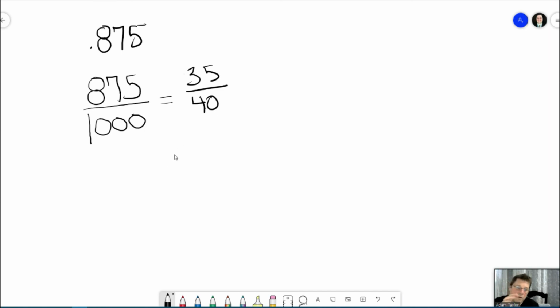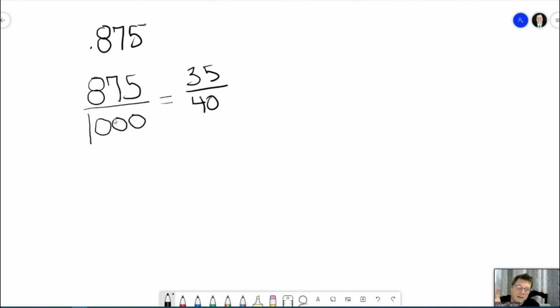So something interesting, we're kind of covering two lessons in one, because this will be repeated when we get into ratios and proportions. Remember we said that the common fraction is just dividing, right? Numerator divided by denominator.